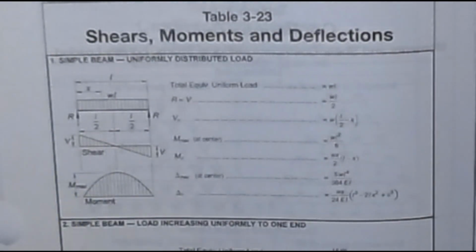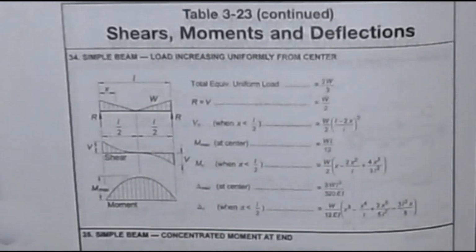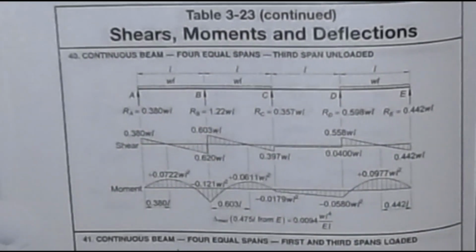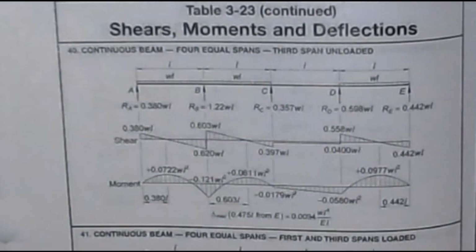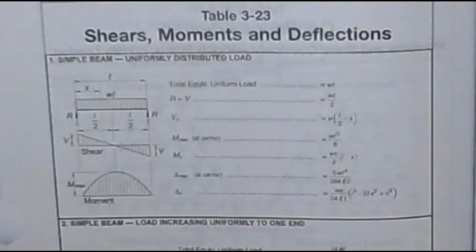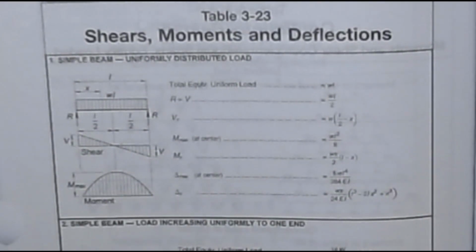Well, AISC has page upon page, many pages of these. In fact, there's like 46 different cases that they tally of common structural setups, so that you don't have to go back and do these trivial calculations as part of your analysis. It speeds the process up.